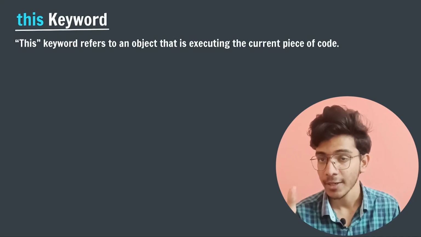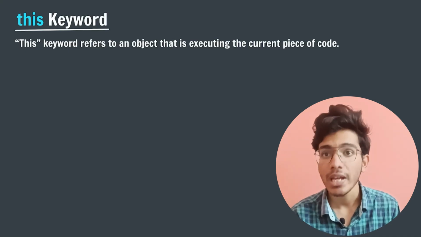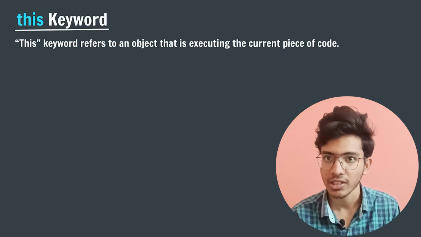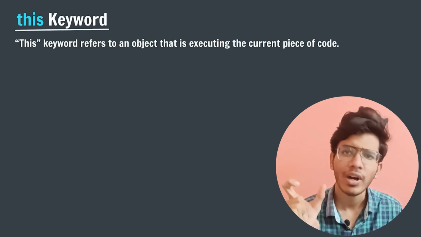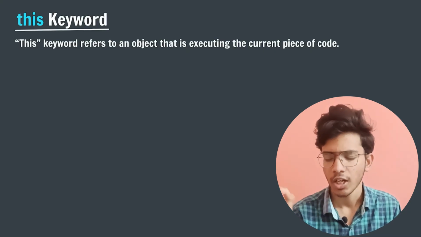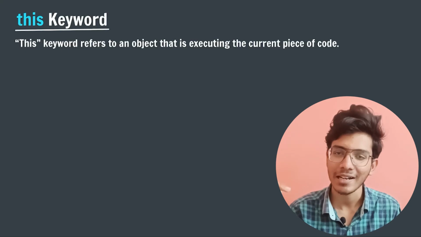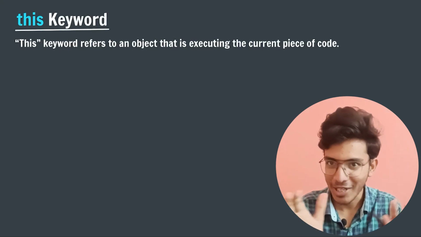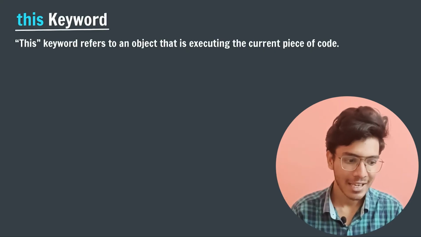Similarly, the this keyword can have different meanings based on the context. For example, we use the this keyword with objects to refer to parent variables. What is the meaning of it? This might be a little bit confusing, but let me show you.